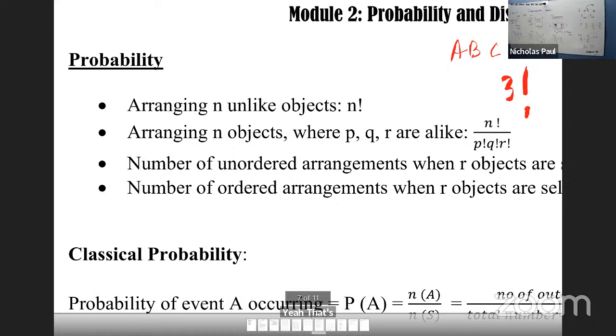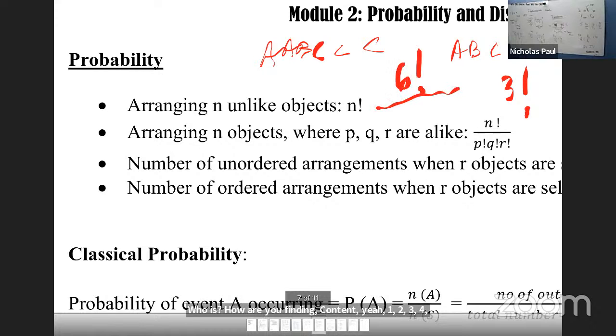Okay, but suppose now you have similar letters within it. 2 A's, a B, and 3 C's. How do you find the number of arrangements? Well, count it. You have 1, 2, 3, 4, 5, 6. That's 6 factorial over p factorial, q factorial, r factorial.